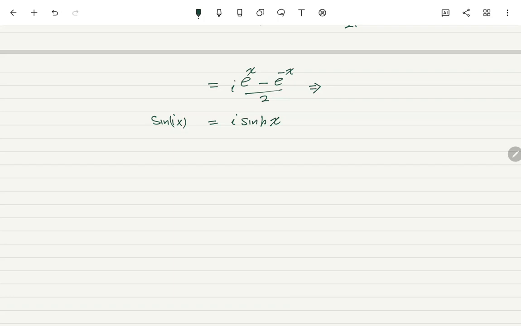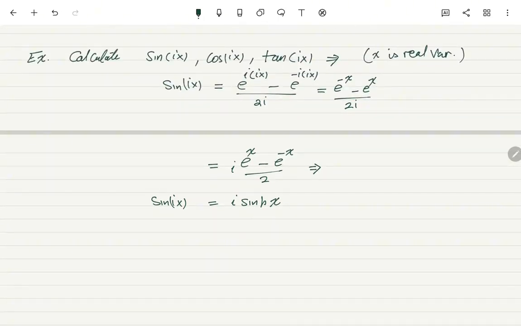By following the same procedure, let's find cosine ix.